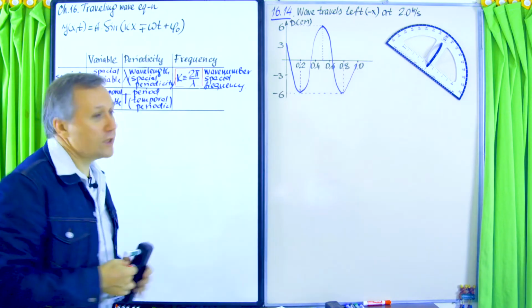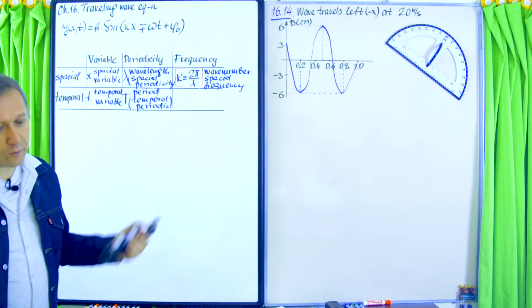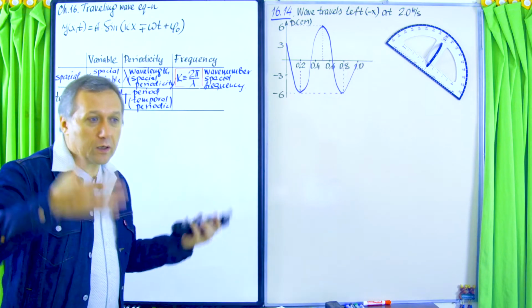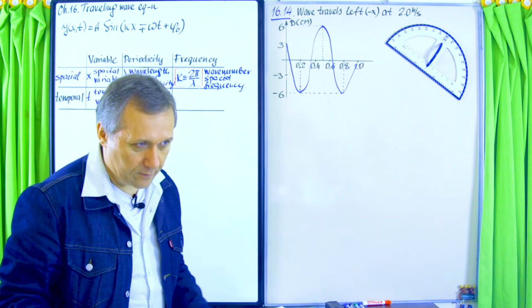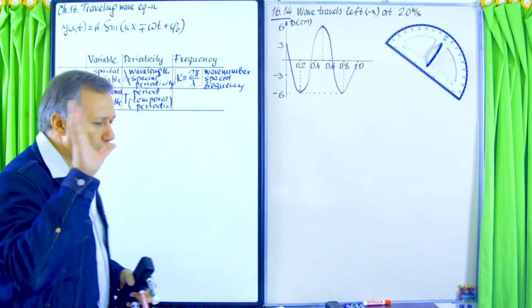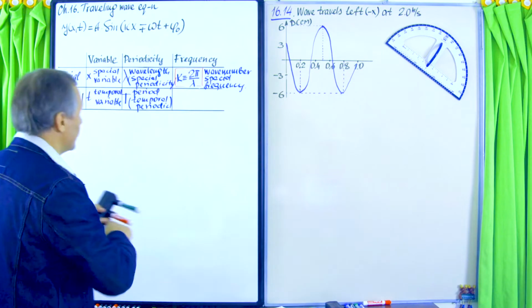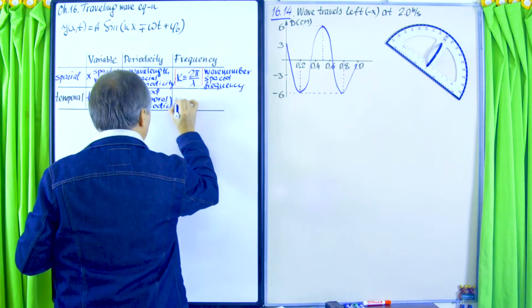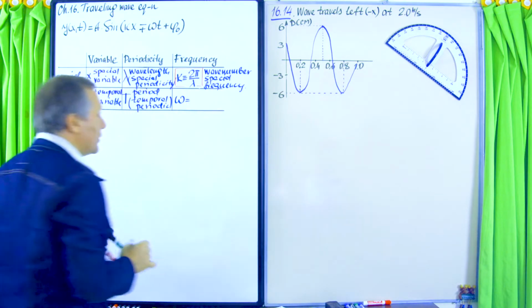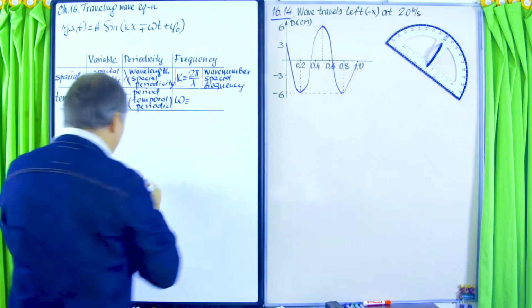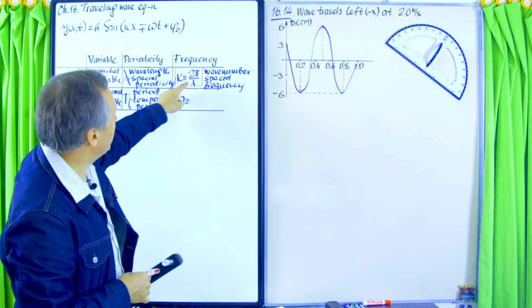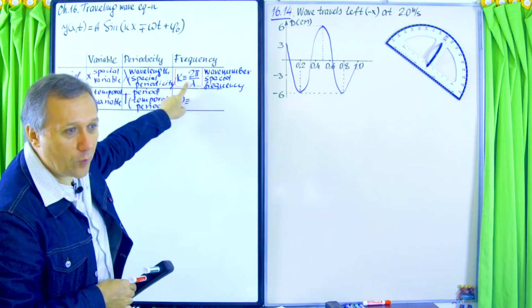Now, what about temporal frequency? Most of you are familiar with the term. It's just a regular frequency. Oh, no, angular frequency. Here we need to introduce angular frequency. We introduce it in a very similar way to how we introduced wave number.